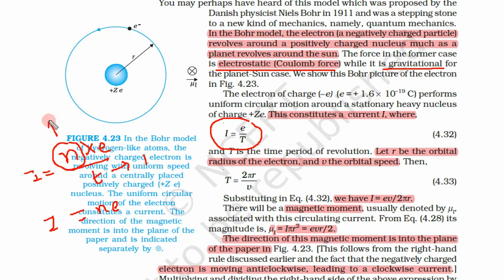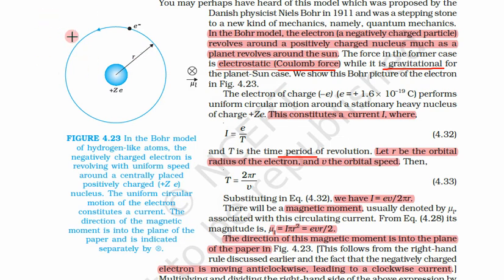This n is the frequency of revolution, and you know that the frequency nu is equal to 1 by T. So this current will simply become I equal to e by T, where T is the time period, because frequency is the inverse of the time period.